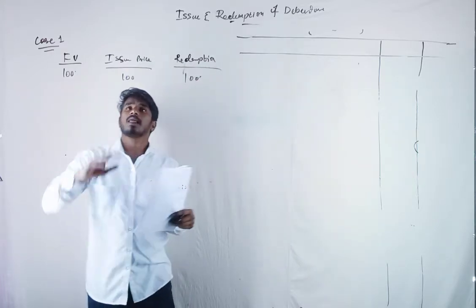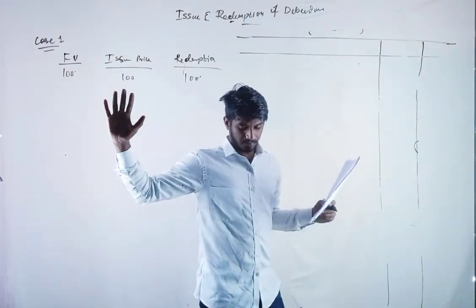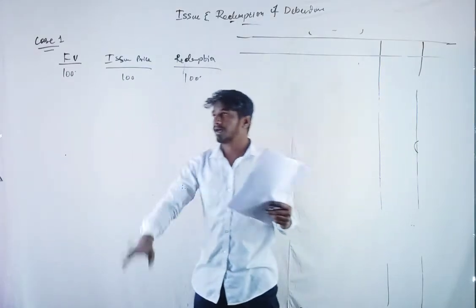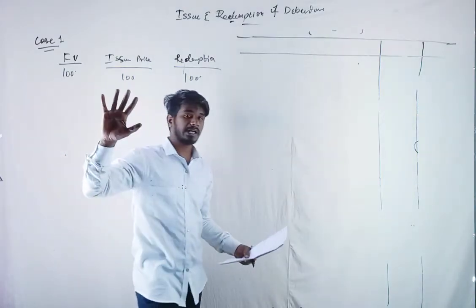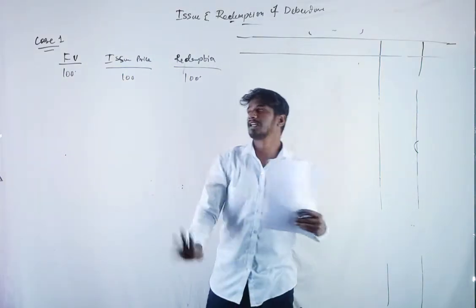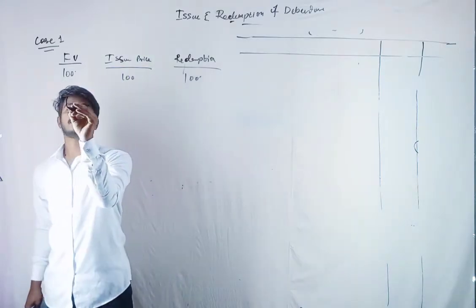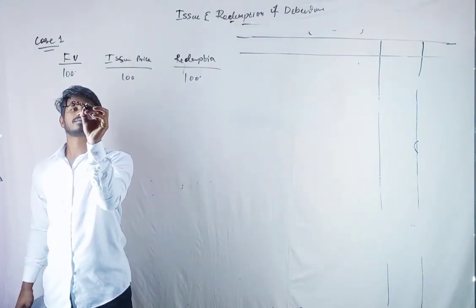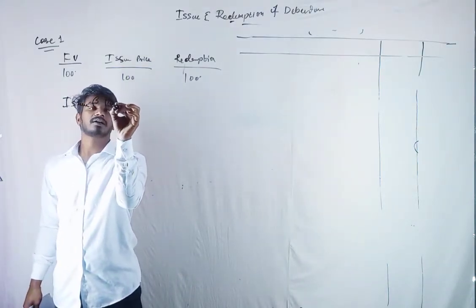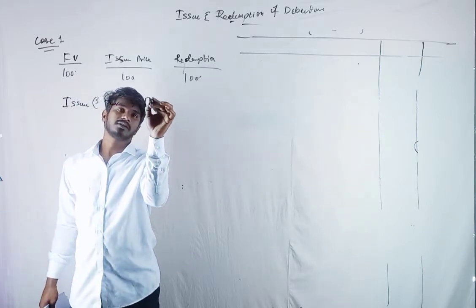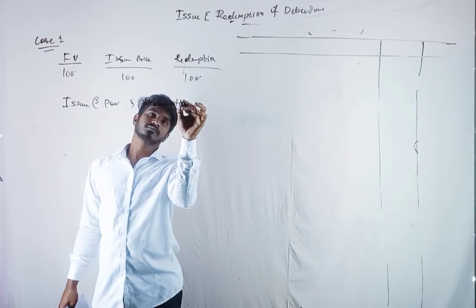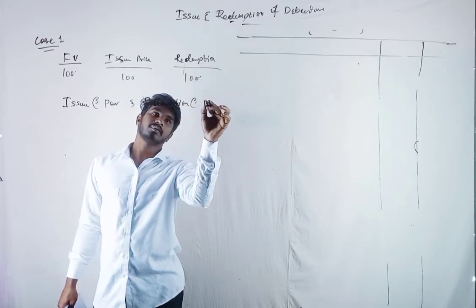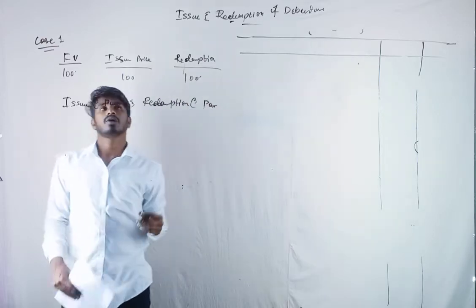So here we are issuing at par and redeeming at par. Shall I write? Issue at par and redemption at par.